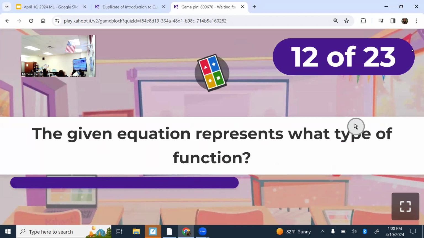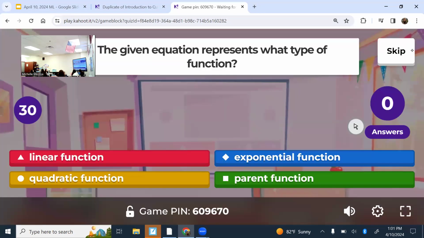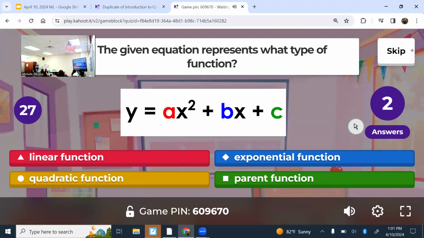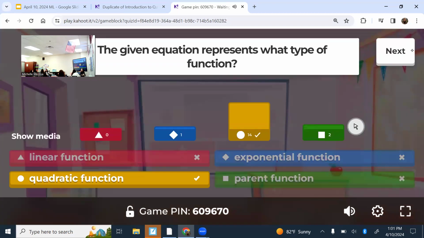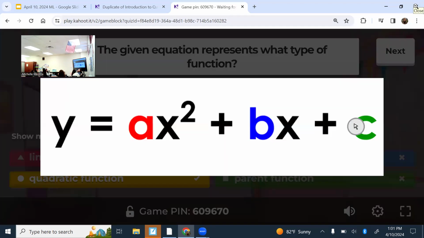The given equation represents what type of function? Quadratic. What is the giveaway that it's quadratic?